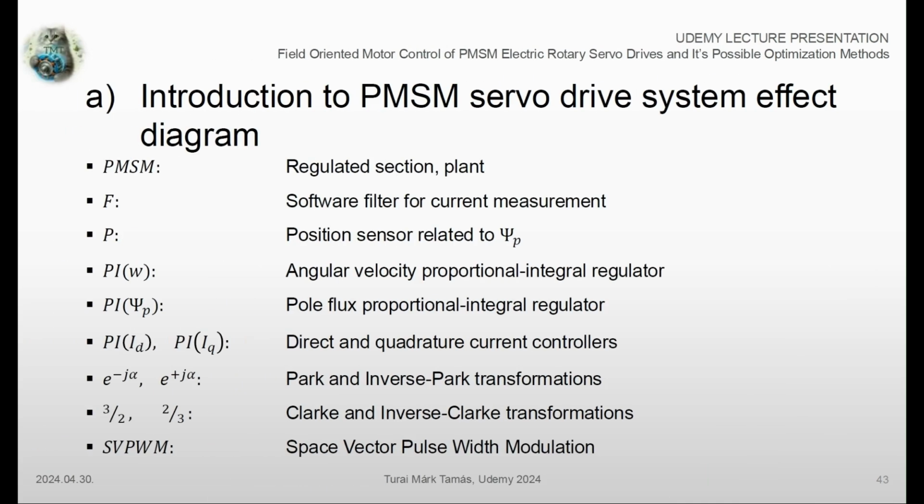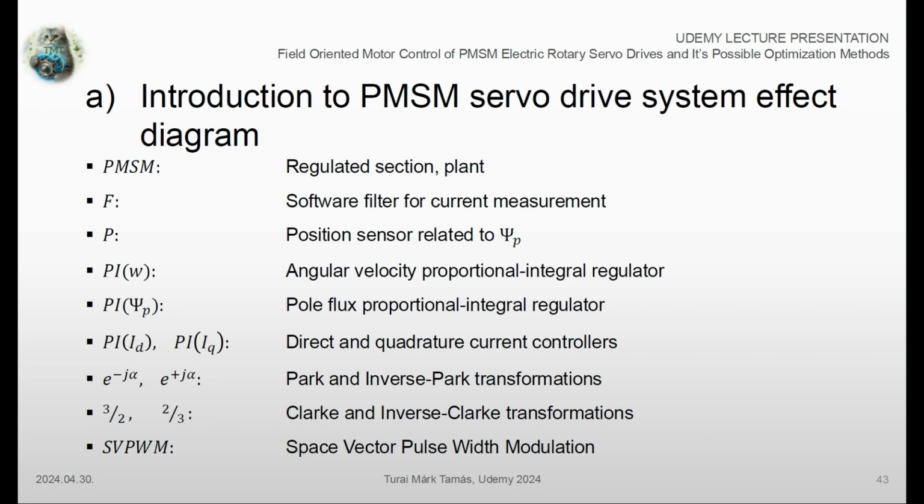In the previous slide, we have seen how a typical field-oriented control algorithm looks, considering block diagram representations. However, there were several abbreviations that haven't been clarified yet, so let's summarize them within this slide. The PMSM is the control plant model that we are going to model in Simulink before the creation of the function software. The F stands for the filtering process, or in other words, the signal conditioning regarding the phase current measurements.